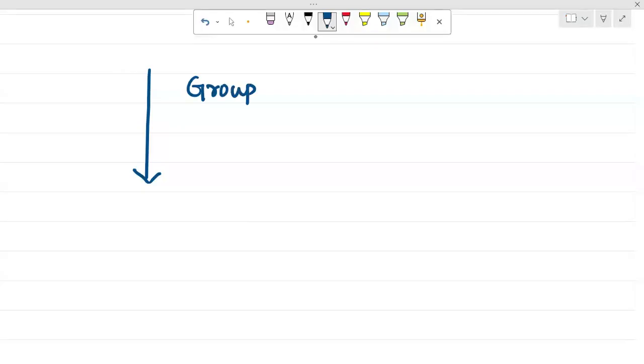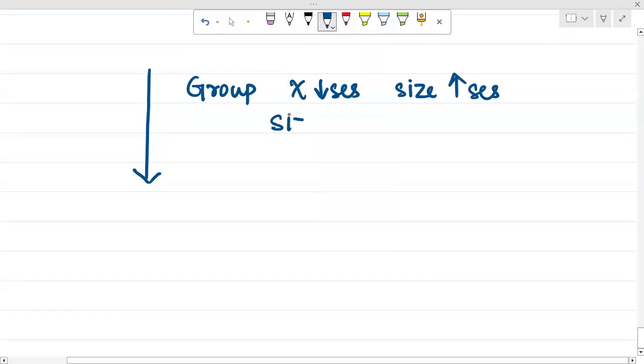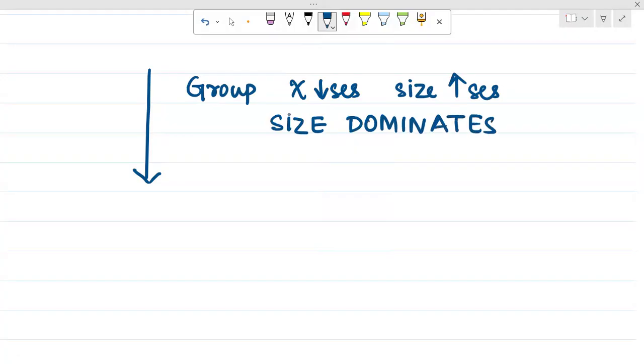Down the group, electronegativity decreases and your size increases. Correct? And over here, size is the dominating factor. That's what I said. So along a period, you will write the acidity and basicity in the order of electronegativity. Here, you will take the order of size.